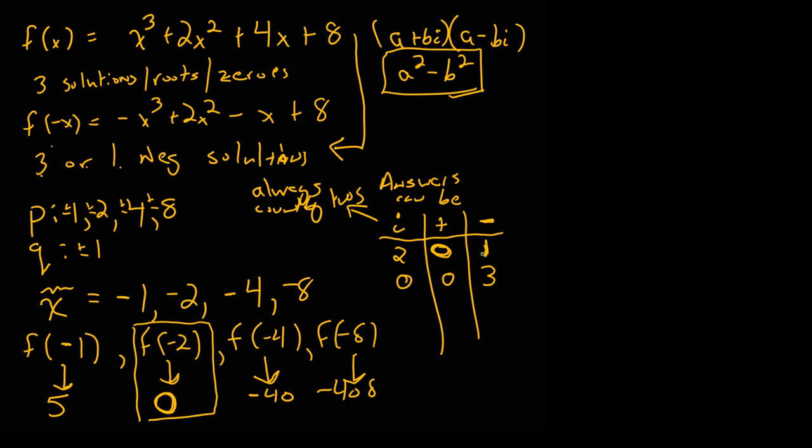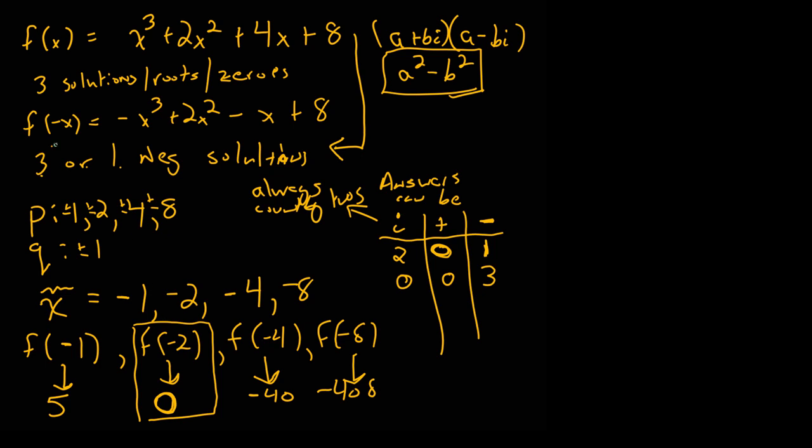Which means that these things go up and down by 2's. So if I find a total number of 4 sign changes, I'm going to have 4, 2, or 0. If I find 3 sign changes, I have 3 or 1. Those imaginary numbers in the background are coming in pairs, and so they're only letting you count by 2.